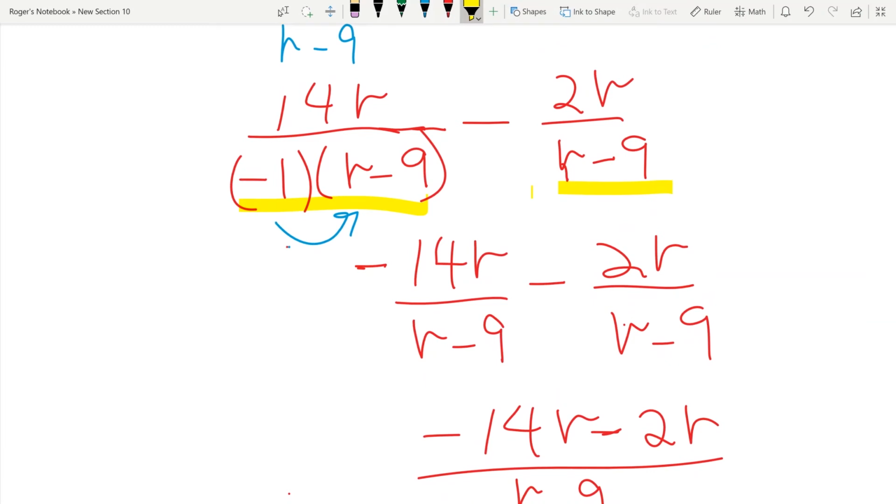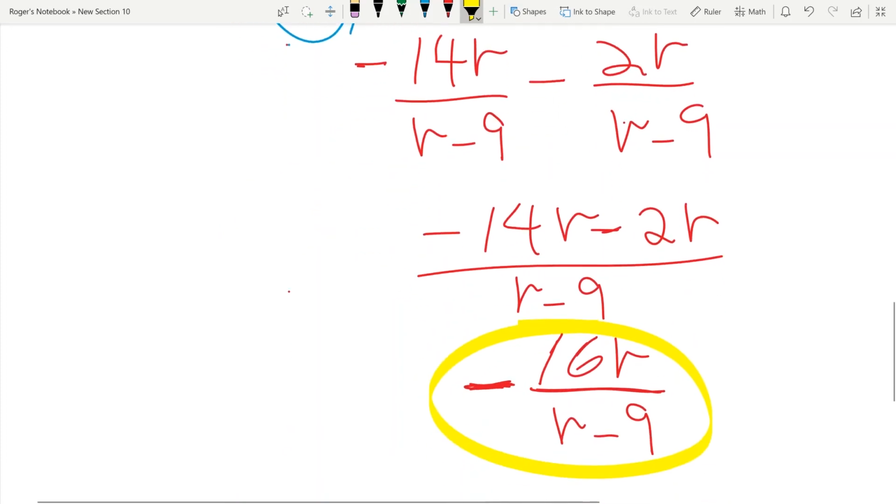Well, then I wouldn't have done anything to the first term. It would have been 14r over 9 minus r. And in the second case, it would become a plus right here. It would be 14 plus 2r, which is 16r over 9 minus r.